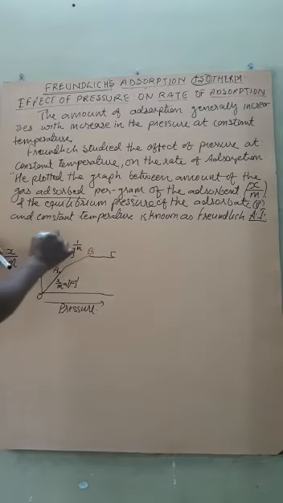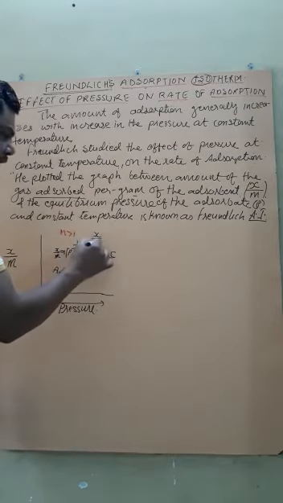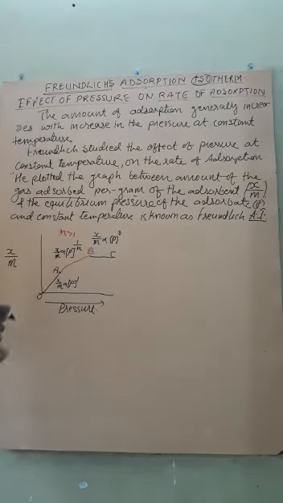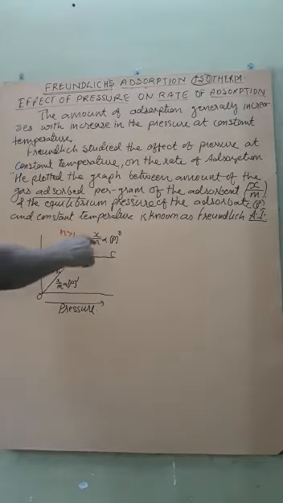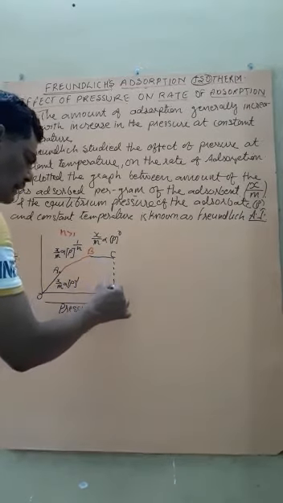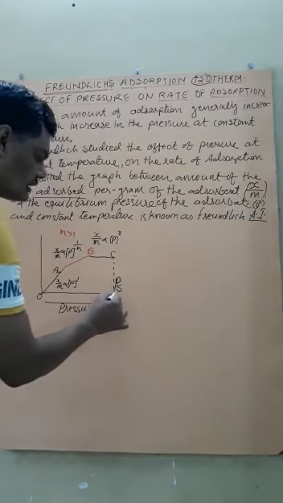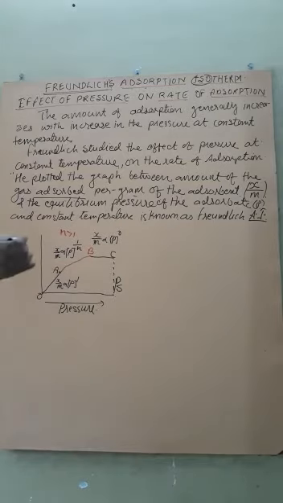Here n is greater than 1. But from B to C, the rate of adsorption x by m is directly proportional to P to the power 0. That is, even if more pressure is increased, there is no adsorption. Getting? So here three types of points are obtained. This is called saturated pressure, PS, that is, saturated pressure or equilibrium pressure.